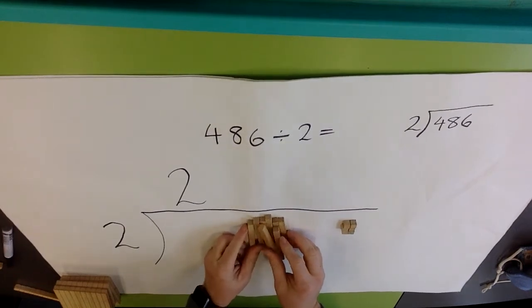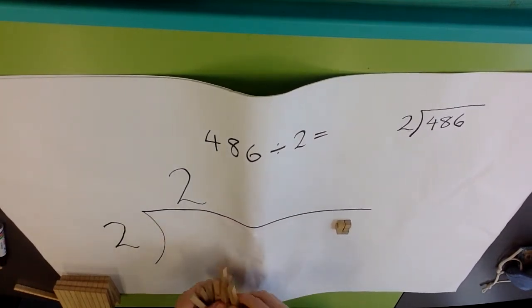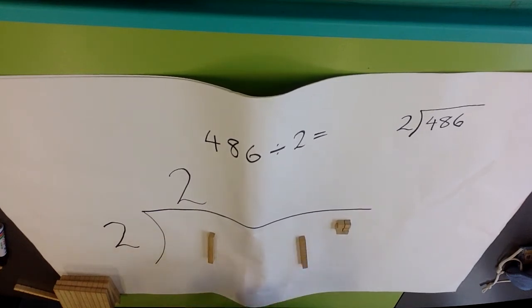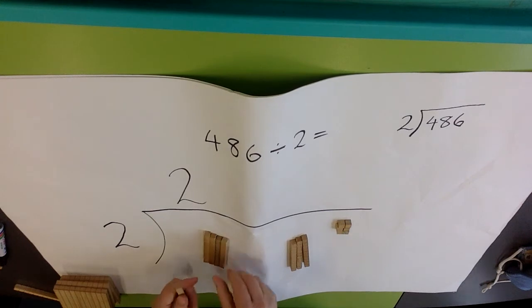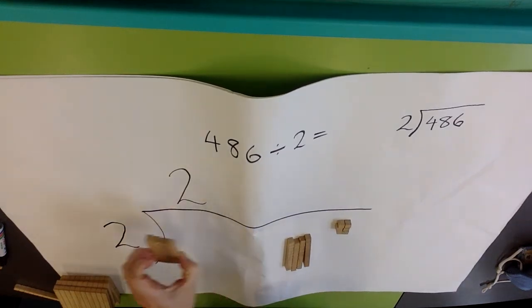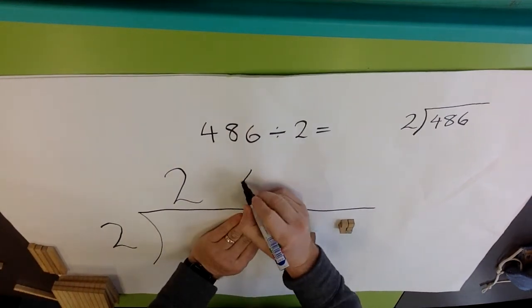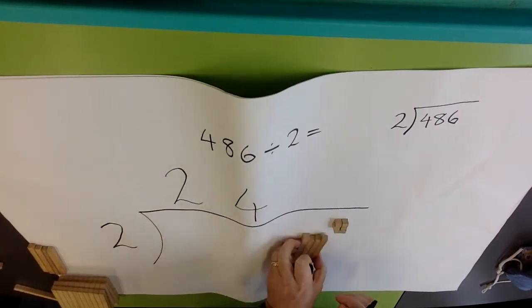Now we've got to do 80 divided by 2. So, making 2 groups, sharing it out evenly, and in each group we have 4. So, 80 divided by 2 is 4.